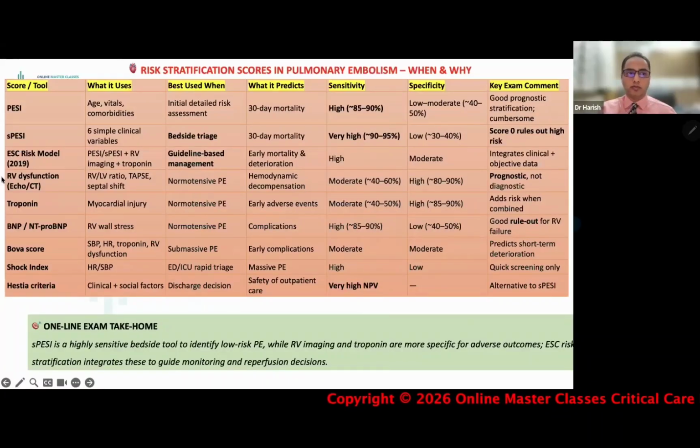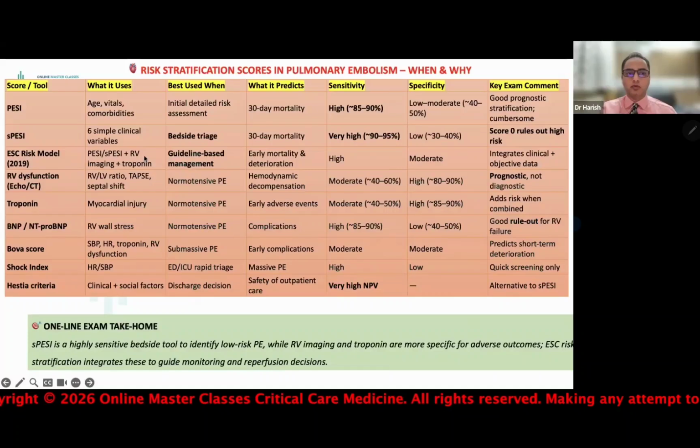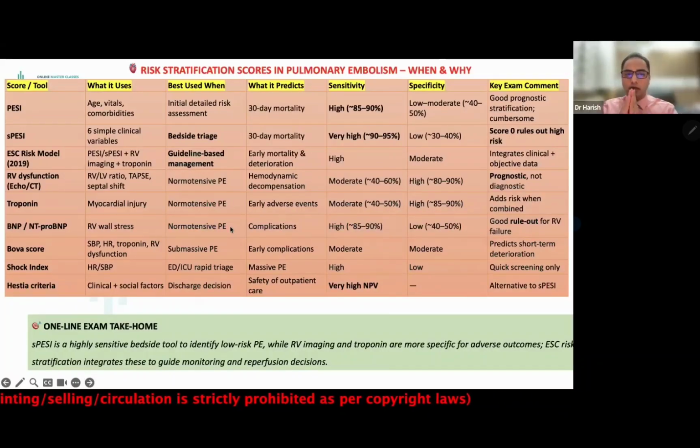So at least you should remember PESI and sPESI. The ESC risk model includes the PESI or sPESI score with RV imaging and troponin, which helps in predicting mortality and deterioration. It has high sensitivity and moderate specificity, and integrates clinical plus objective criteria. You can go through this table for the risk stratification in pulmonary embolism.